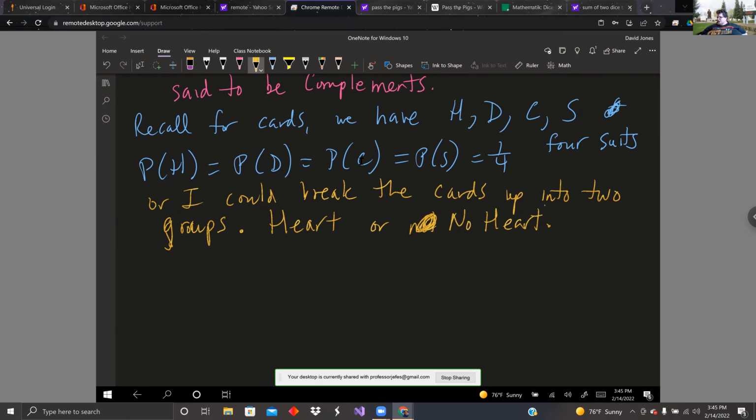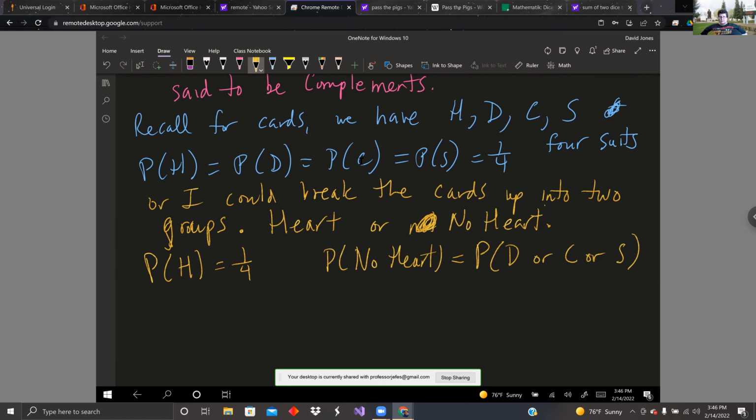So in this case, the probability of a heart is still 1/4. The probability of not a heart, or no heart, is really the probability of a diamond or club or spade.